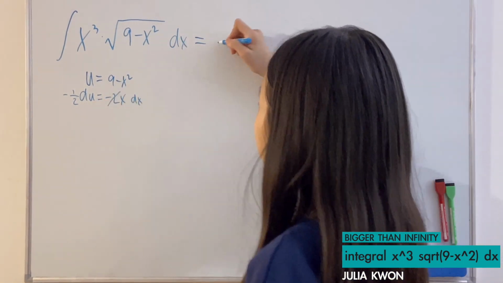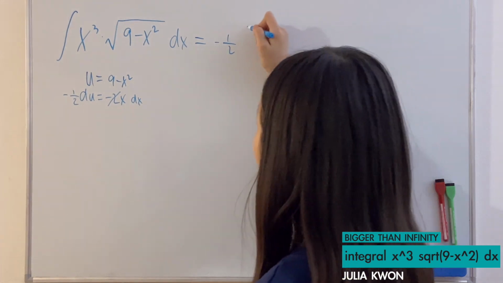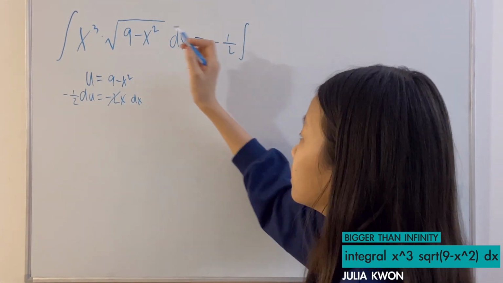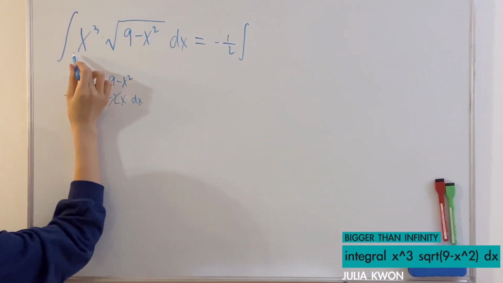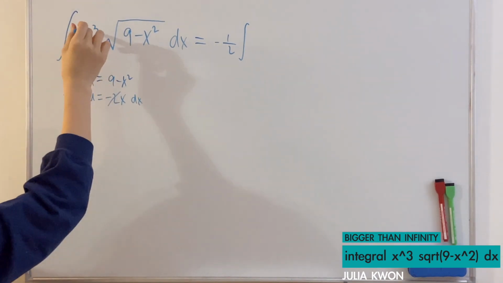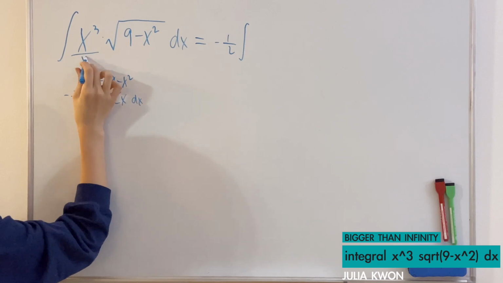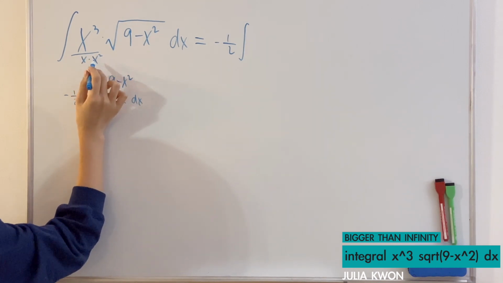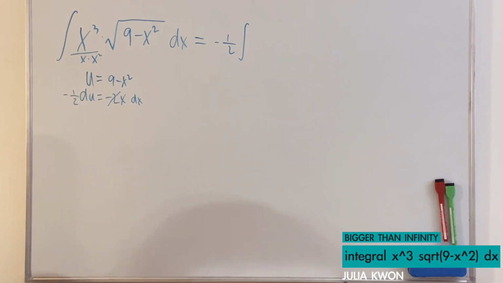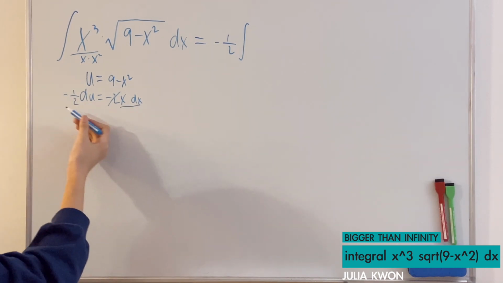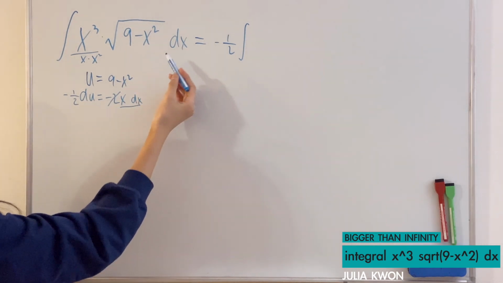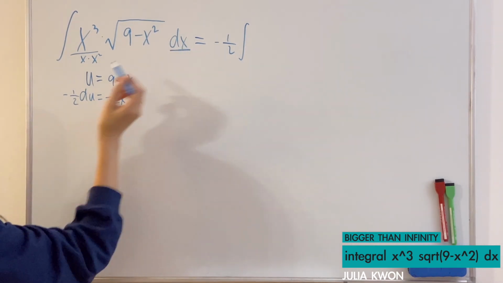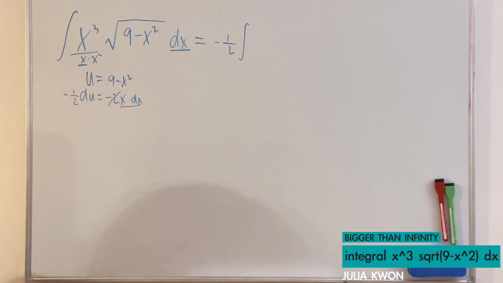The negative 1/2 can go in the front since it's a constant, and we can change the x cubed into x times x squared, so that when we replace the x times dx with negative 1/2 times du, it would be easier, and we can just cancel this dx and this x.